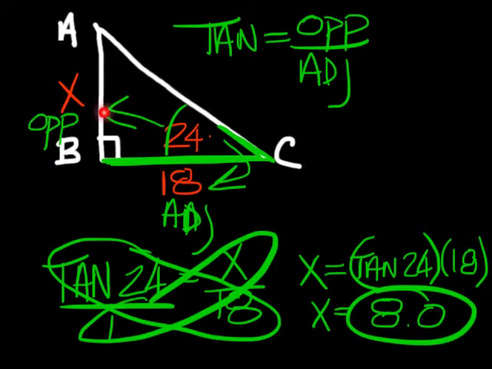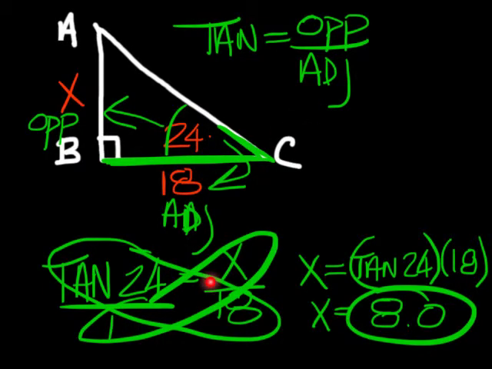As a review, this is what we did. This side is opposite of the 24 degrees, so that's why it's opposite. And this side is right beside it. It's adjacent. What would this side be here? Hypotenuse, but there's nothing there, so we don't use it. So tangent, from our list we had yesterday, is opposite over adjacent. That's why the opposite, x, is on top, and adjacent, 18, is on the bottom.